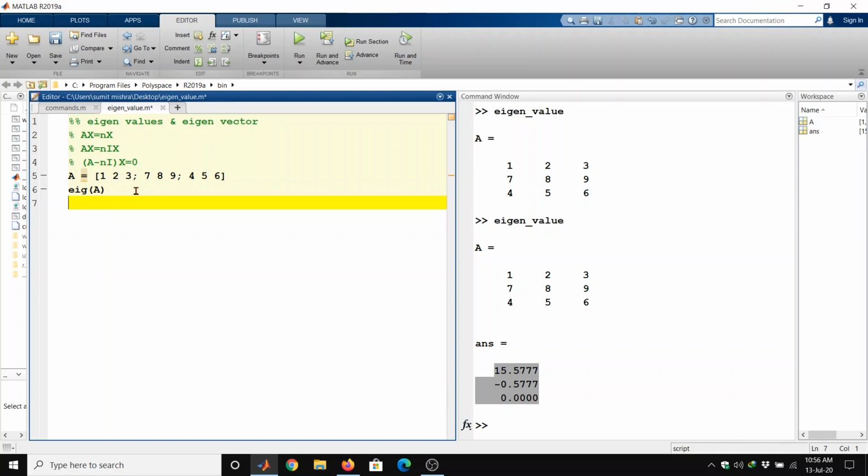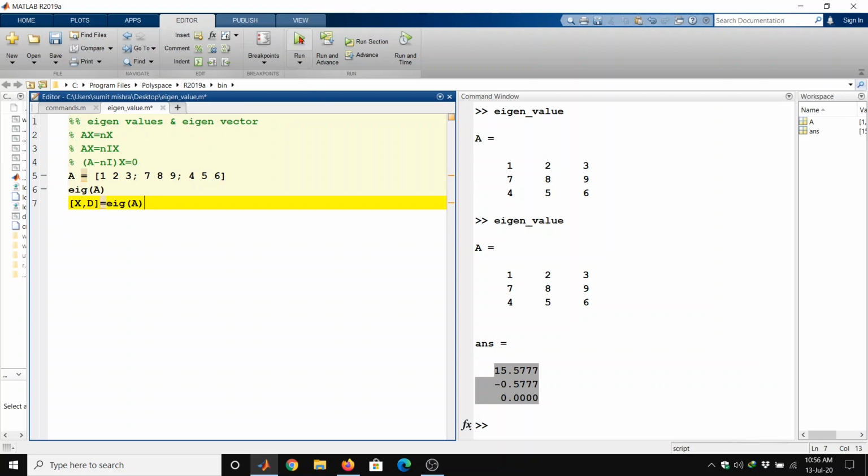Now if we want to find the eigenvectors, then we can write here capital X, capital D bracket closed is equal to EIG of capital A. So capital X is our eigenvector, and capital D is a diagonal matrix, and EIG of A gives the eigenvalues.